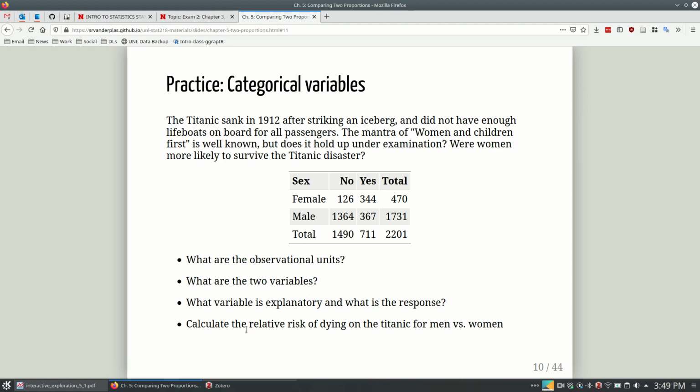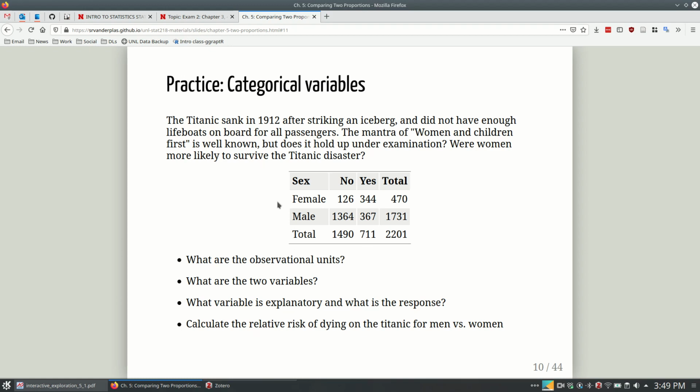Somebody asked a question, how do we know which one goes on top? And basically the answer is read the question and look at the order of the variables and the way the question is phrased. So in this case, men versus women would, to me, say we're interested in how many times more likely are men to die, right? So that would go on top.